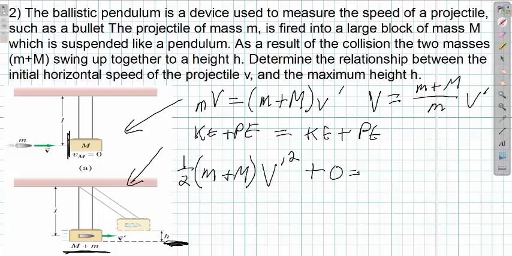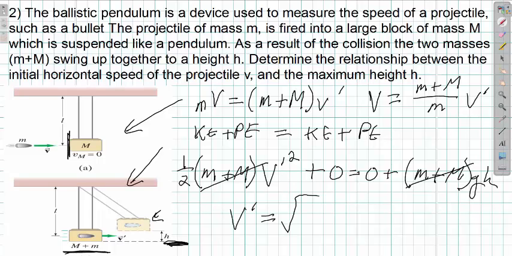It's got to equal the kinetic energy after. Up at this point here, our velocity is 0, so kinetic energy is going to equal 0, plus our potential energy at the top, which would be our mass times gravity times the height we're at. Now we can go ahead and solve this real quick. Cancel out our m's. Our v prime has got to equal the square root of 2gh.